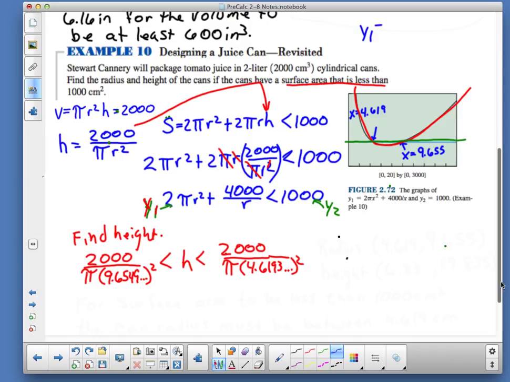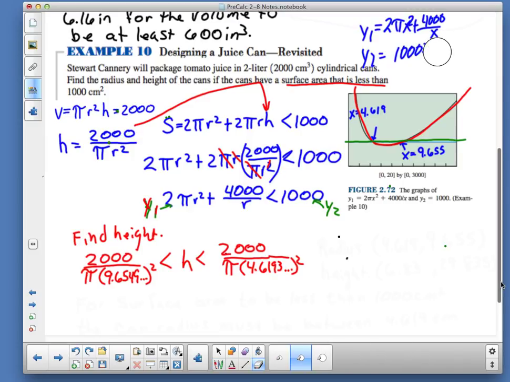I had y1 equal my 2 pi x squared plus 4,000 x, and I had y2 equal 1,000 in my calculator. Well, I was dealing with the fact that when I ran this, my calculator had x equal 4.619.